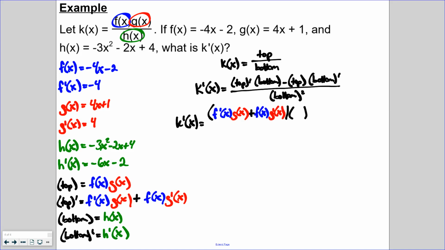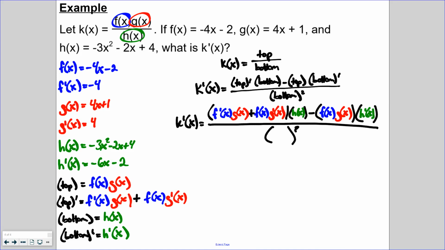And that's all times the bottom, which is h of x, minus the top, which is f of x times g of x, and then times the derivative of the bottom, which is h prime of x. And that is all going to be over the bottom, which is h of x squared. All right, get ready, because now here's where we get to do the fun algebra stuff.